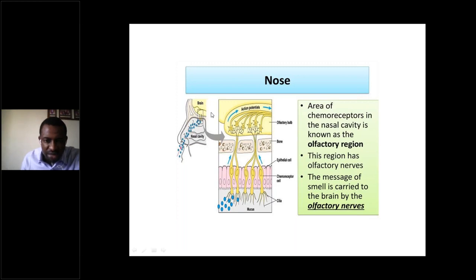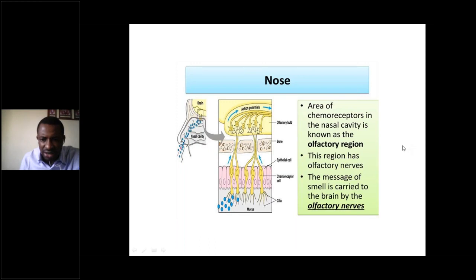Then the brain interprets it and says, wow, this fragrance is good, buy this perfume. When you go to buy another perfume, as you puff it, it goes through the cilia to the chemoreceptor, which transmits it as a signal. When the action potential gets to the brain, you say, no, I don't like this fragrance.